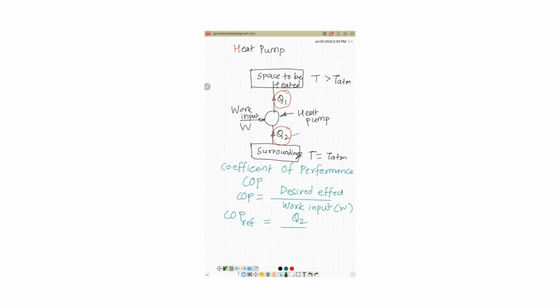So Q2 divided by Q1 minus Q2 is the formula for the COP of the refrigerator, while for the COP of the heat pump the desired effect is Q1. So Q1 divided by Q1 minus Q2 is the formula for the COP of the heat pump.